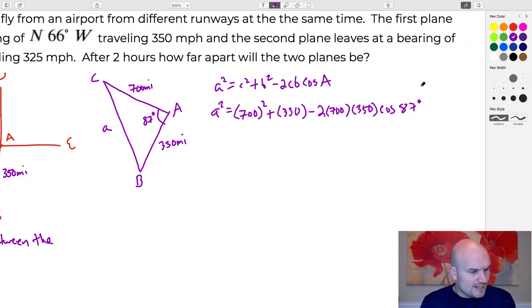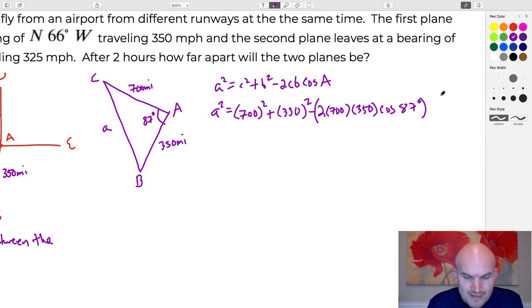All right, so when I type in this lovely bit of information, let's do this: 700 squared plus 350 squared. Every single time in class I did the same thing. I don't know why I don't write that. And then minus, I just like to add in another parenthesis. I don't even know if it makes a difference.